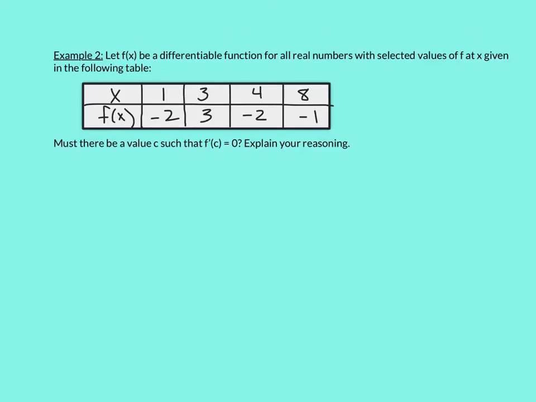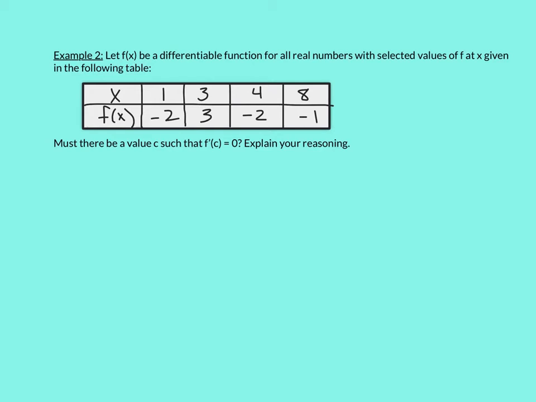Our second example has a differentiable function, and they actually don't give us the function, but they do give us a table. And then they ask, must there be a value c such that f prime of c equals 0? And explain your reasoning. This is actually a really common way for them to ask questions on the AP exam.